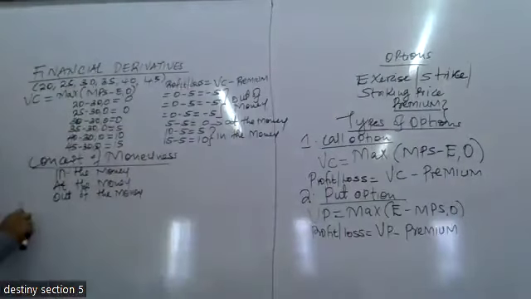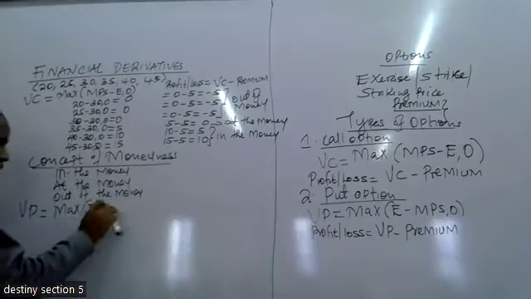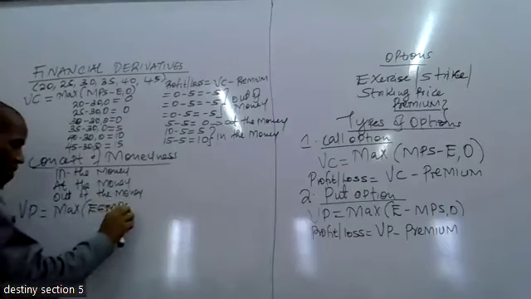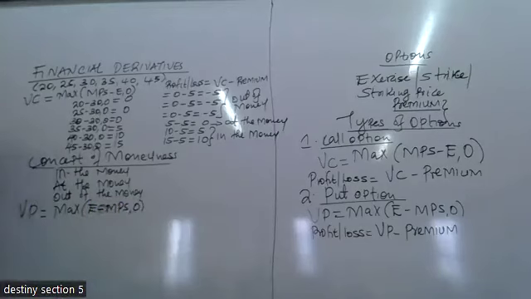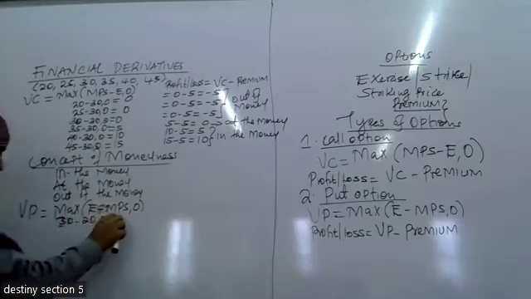Now, let's get to the put. In this case it is the maximum of the exercise price minus the MPS, compared with 0. So for this one, 30 minus 20 is 10.